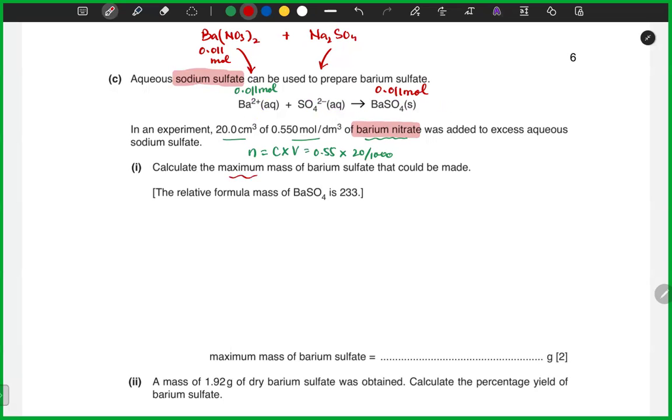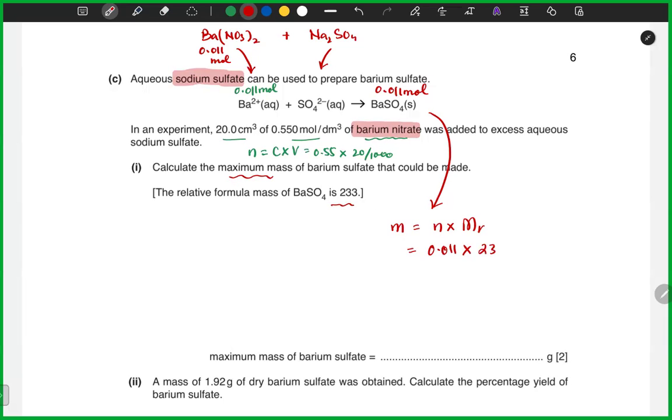I'm going to do that of barium sulfate. I have the moles. What's the formula for mass? Mass is moles multiplied by Mr, right? So I have the moles, which is 0.011, multiplied by the Mr, which is already given.